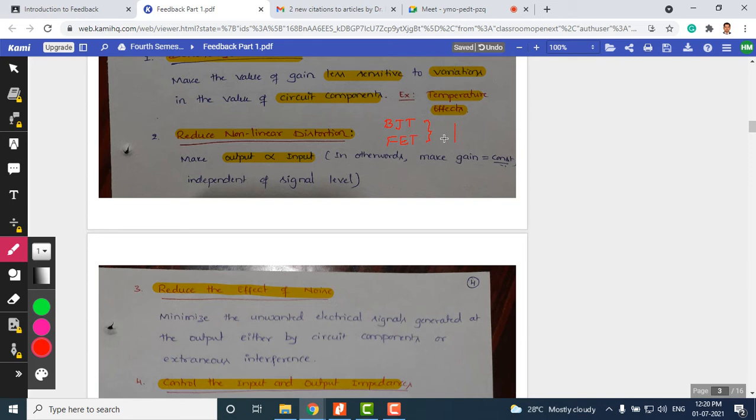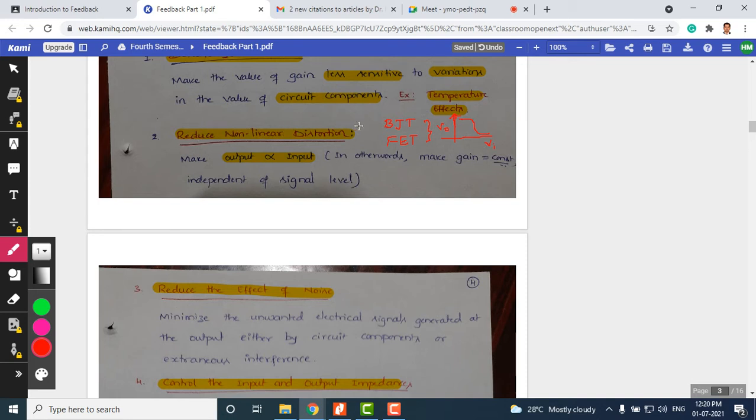Specifically, the transfer characteristics of a FET or MOSFET look like this. If you look at this graph of Vo versus Vi for the MOSFET, it is nonlinear. For this kind of device, any distortion that comes across at the output can certainly be reduced by employing negative feedback.